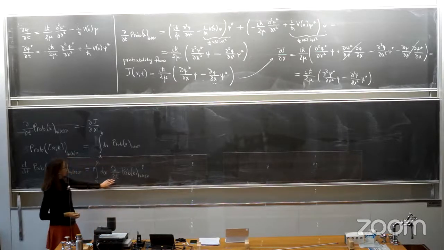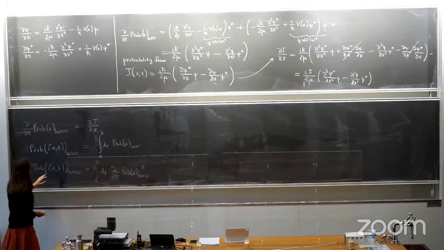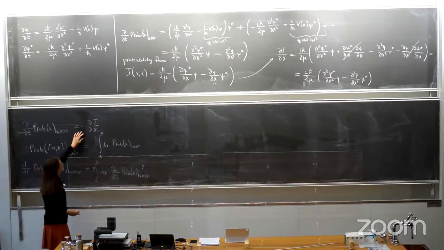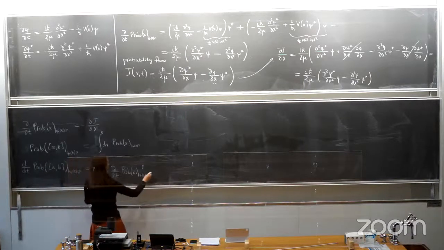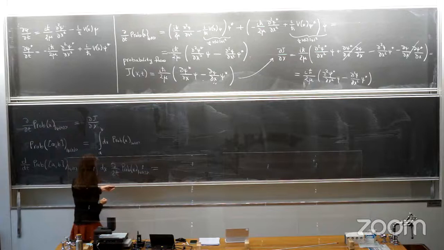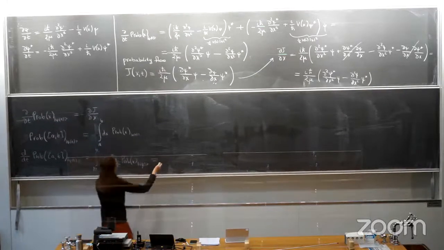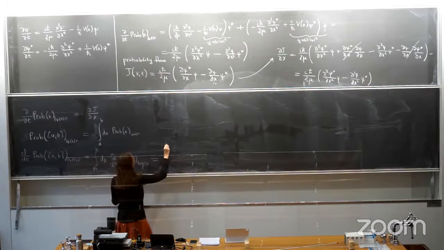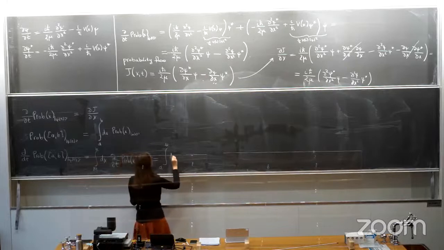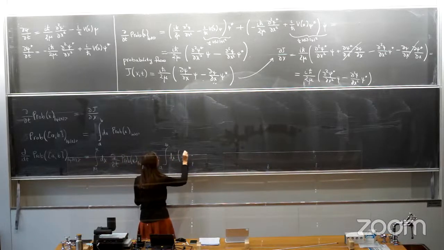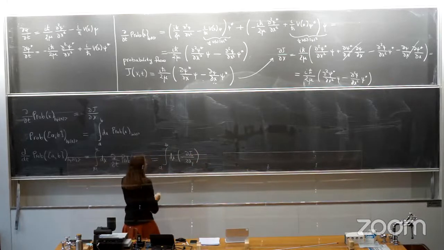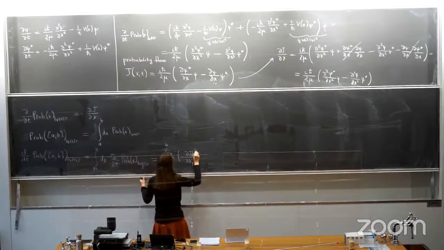But this object we just calculated, we know that this is equal to minus dj over dx. So basically we can write that this is equal to the integral from a to b dx of minus dj dx, at a particular time t.